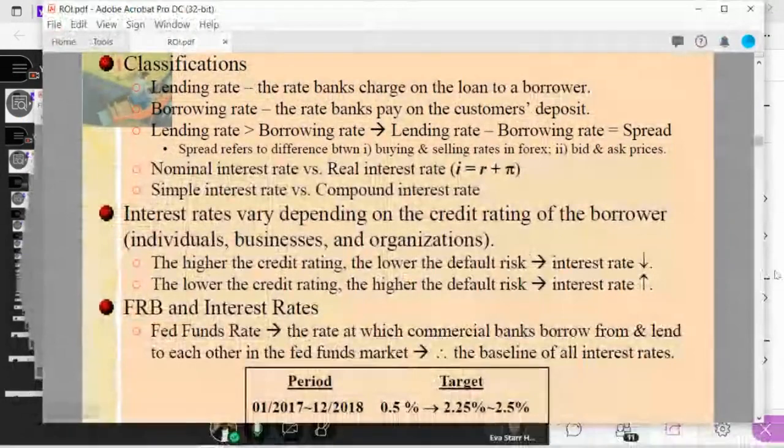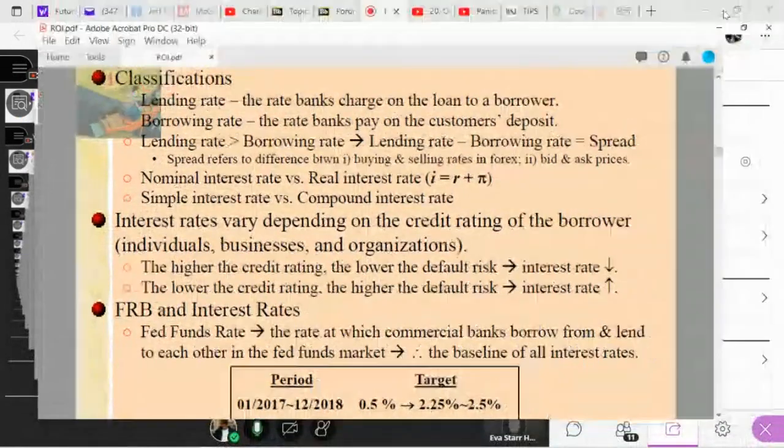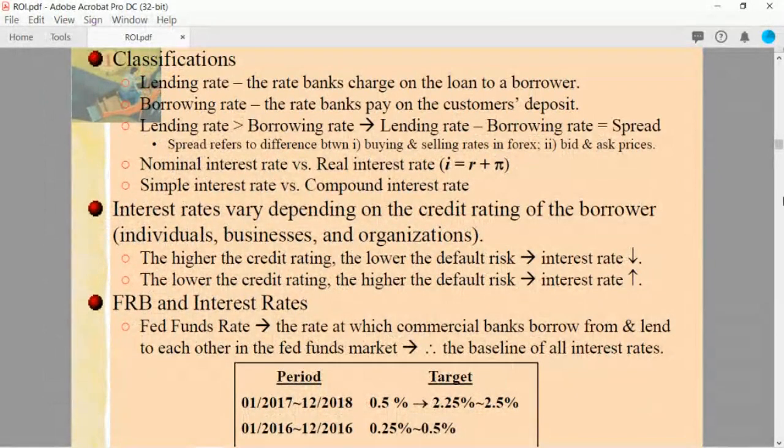So in our last class, we discussed the difference between the lending rate and borrowing rate, and the difference between nominal interest rate and real interest rate, right? Remember that?